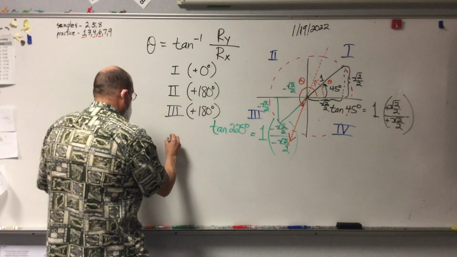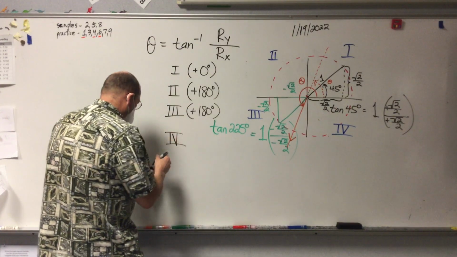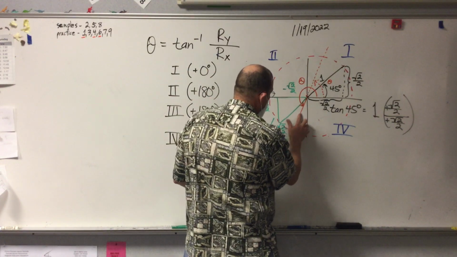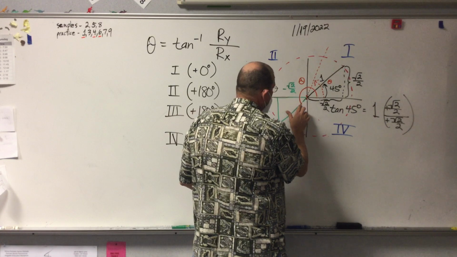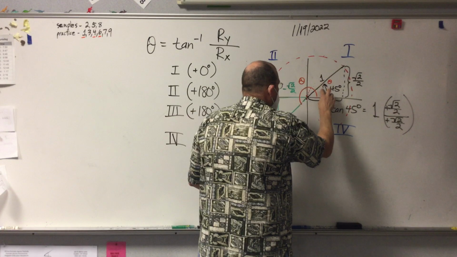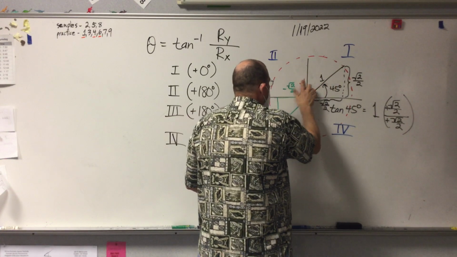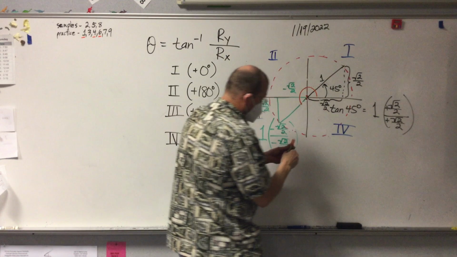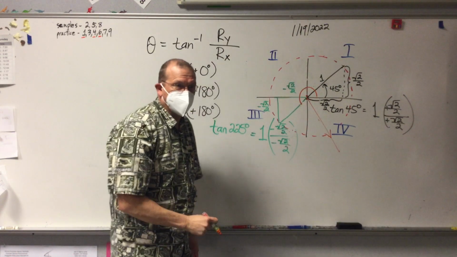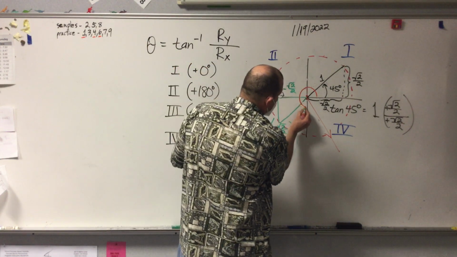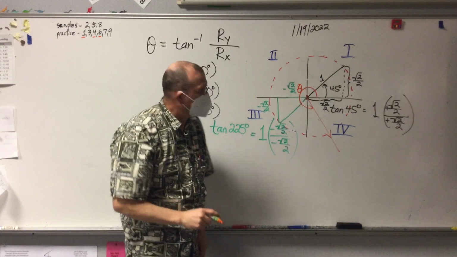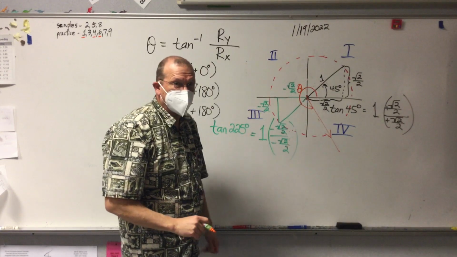Last one, then we've covered all the quadrants. We're in quadrant 4. Say that's your answer. So what you want is this one here, but your calculator can't give that to you.